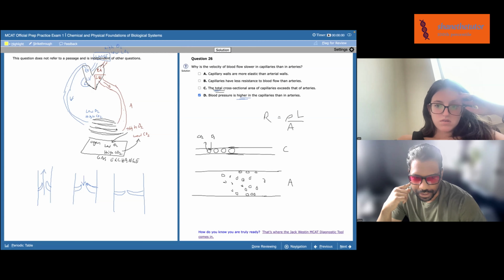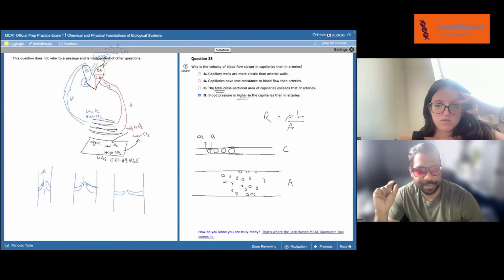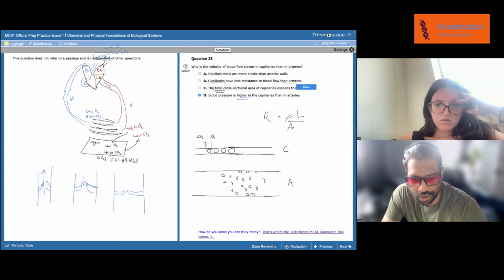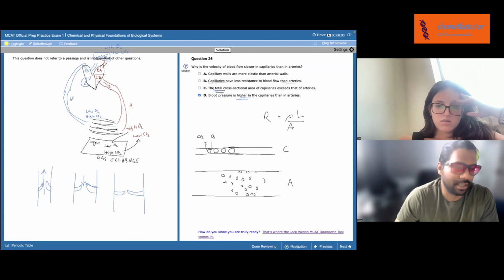So although it's true that we have a higher total cross-sectional area, this question is saying just capillaries compared to arteries, not the total amount of capillaries, so that's not going to be it.